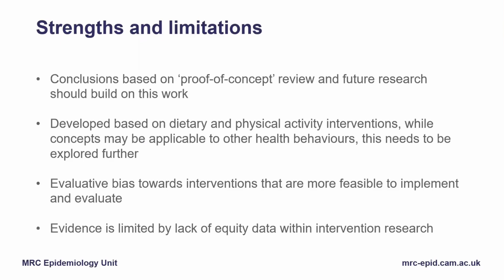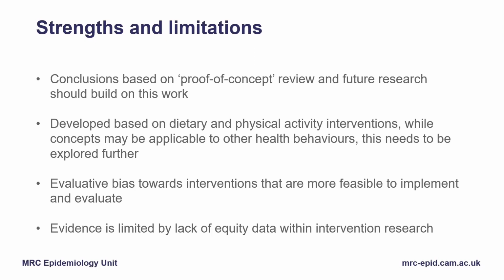So I'm just going to finish with some final thoughts on the strengths and limitations. The conclusions of this work are really based on a proof of concept review, and so future work should try and build on this to answer this question in a more definitive way. As I've mentioned, we've developed this based on dietary and physical activity interventions, and it might be applicable to other health behaviours, but this needs to be explored.